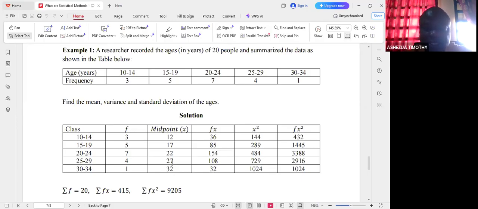X squared is 32 times 32, which gives us 1024. Now, F X squared, you take your value for F and your value for X squared, and you have this value. Any trouble so far?